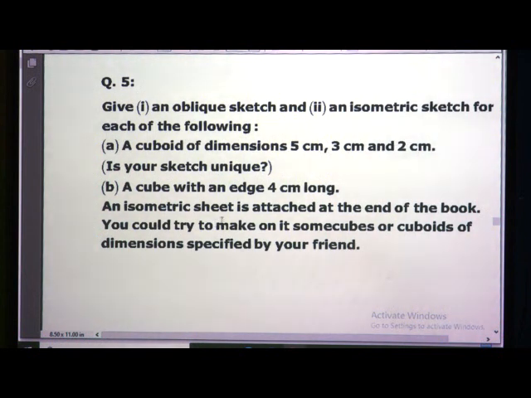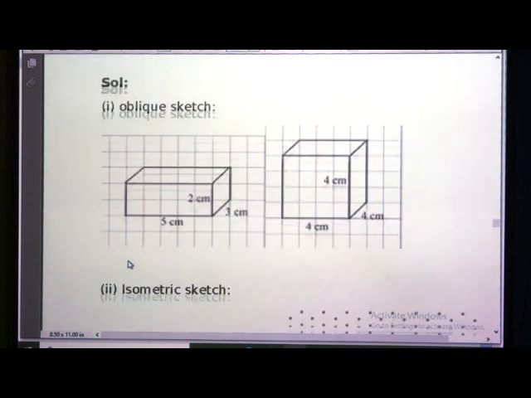An isometric dot sheet is attached at the end of your textbook. You can draw many isometric figures, with a cuboid of dimensions 5 centimeter, 3 centimeter and 2 centimeter, and a cube of 4 centimeter or your own choice, say a 3 centimeter cube or a 5 centimeter cube.